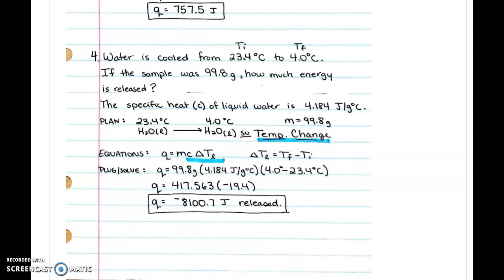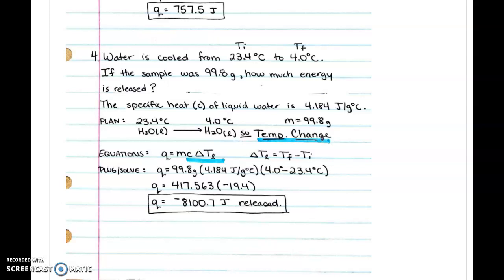I'm going from 23.4 as my initial to 4 degrees as my final. This just means that basically it's a little colder than, it's about like 60 degrees room temperature maybe, down to like refrigerator temperature. So I've got a temperature change here. I'm using my Q equals MC change in T liquid.